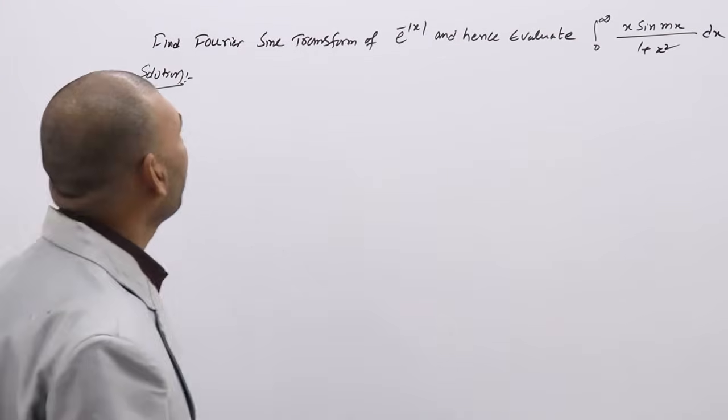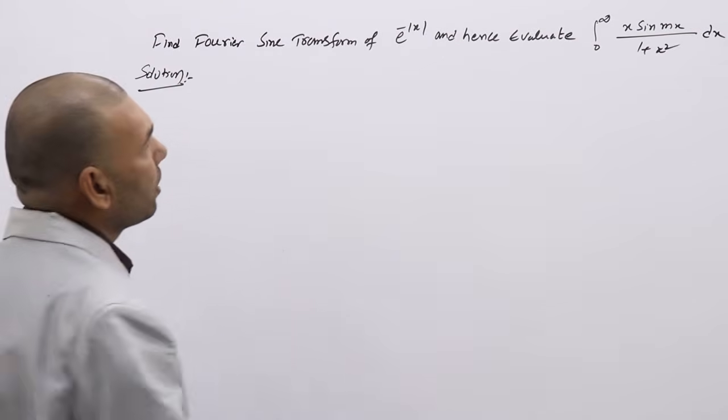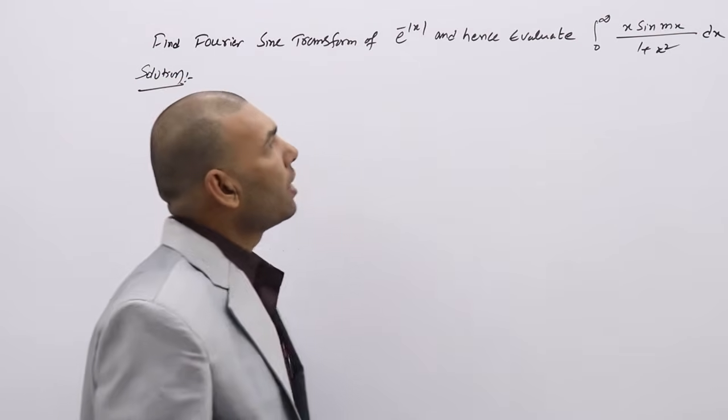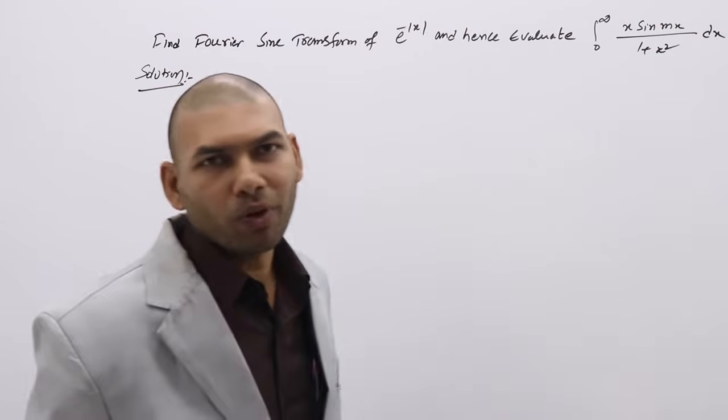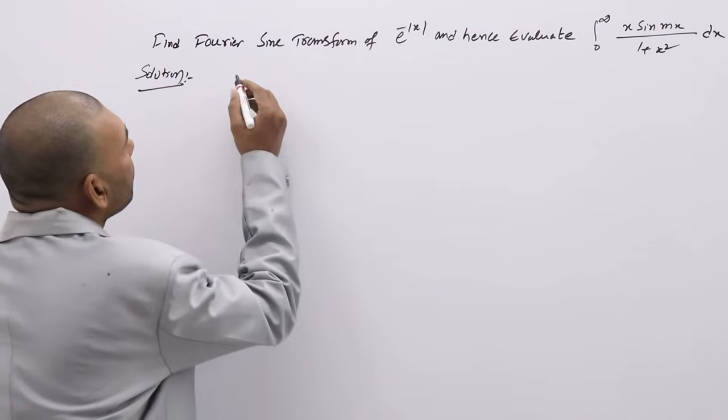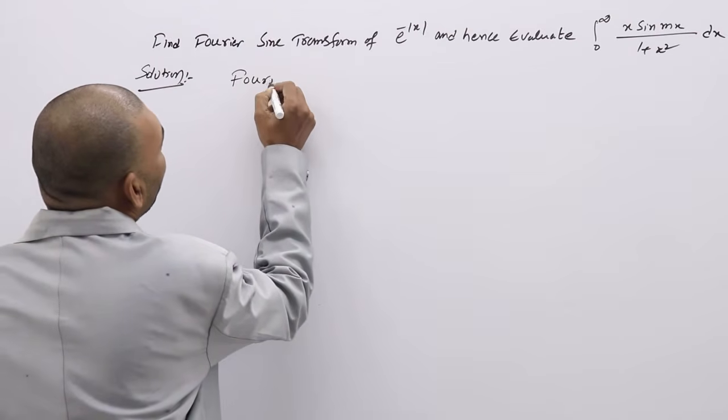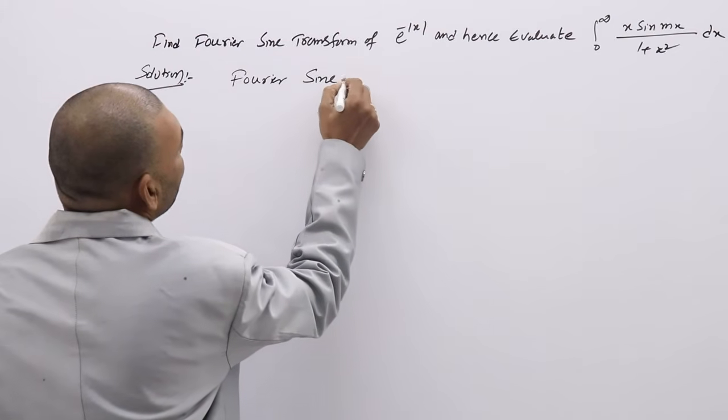Next: find the Fourier sine transform of e power minus mod x, and hence evaluate integral 0 to infinity x sin mx by 1 plus x square dx.